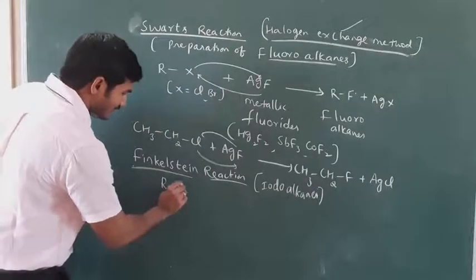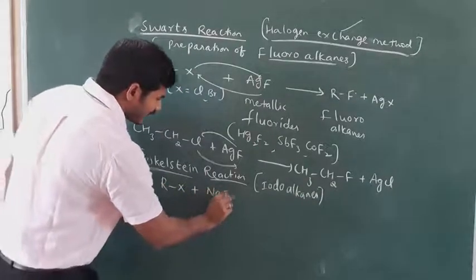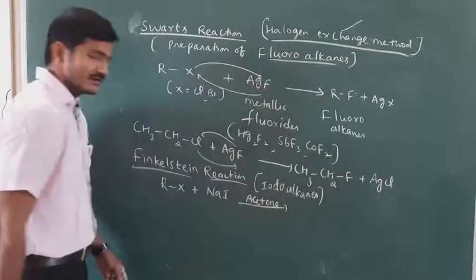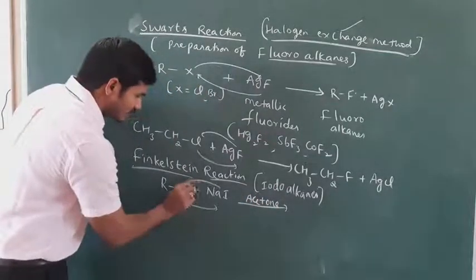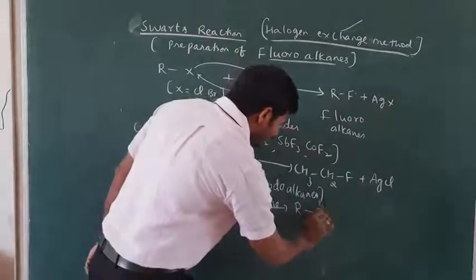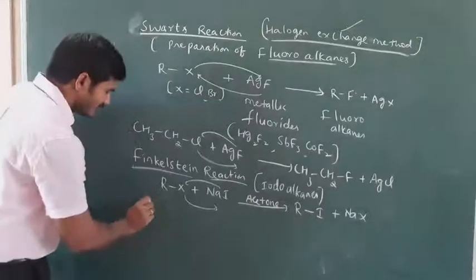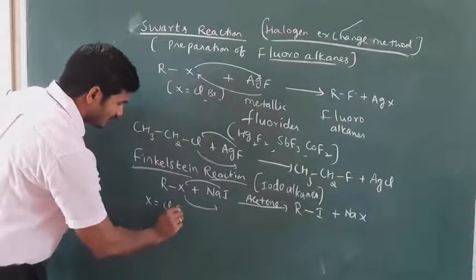For example, RX plus NaI in acetone. Here X and iodine are exchanged. We get RI plus NaX. Here again X can be chlorine or bromine.